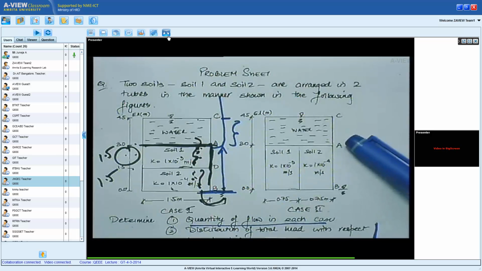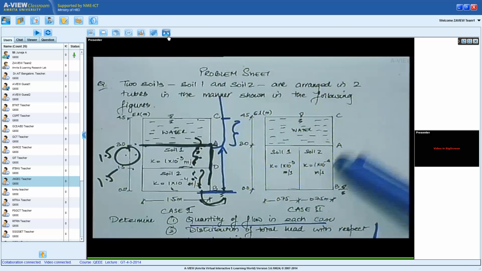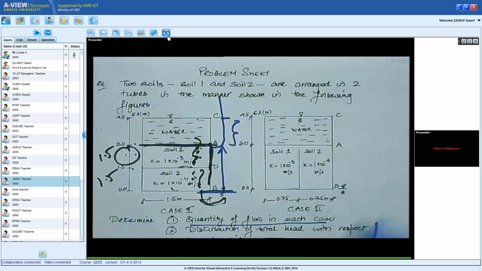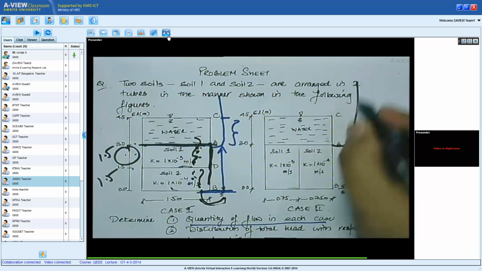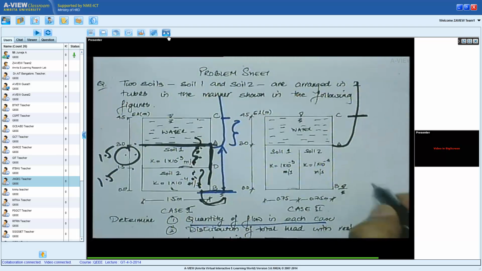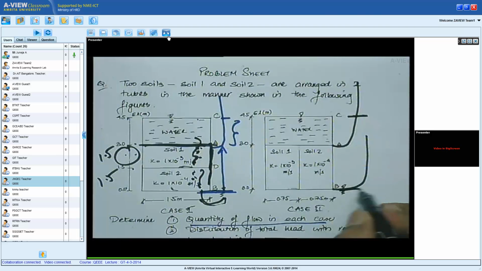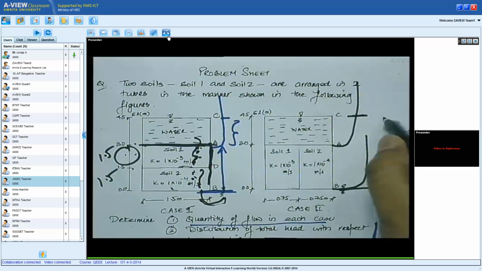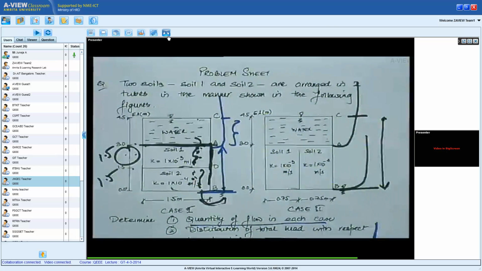Obviously, because if I insert a standpipe at A, the water level shoots up to there. If I insert a standpipe at B, the water level does not go anywhere, it stays there. So head loss is this whole thing, for both soil 1 and 2.